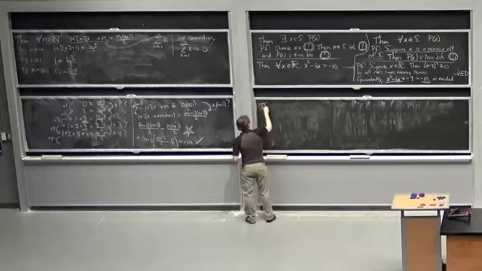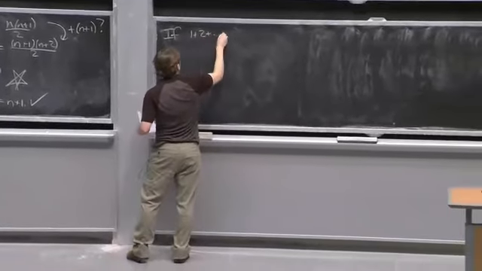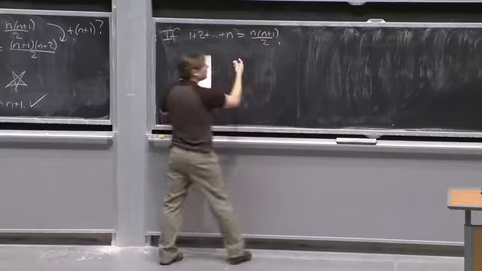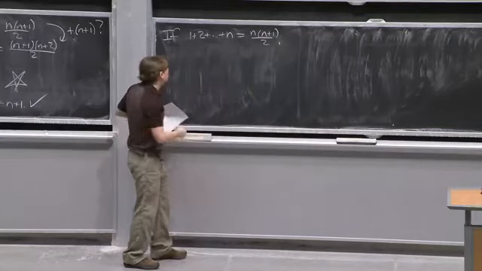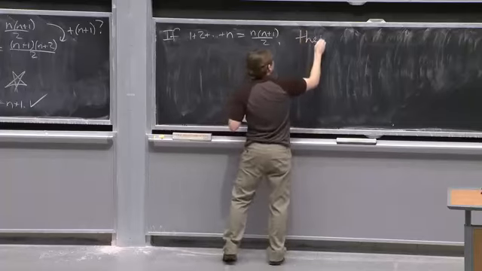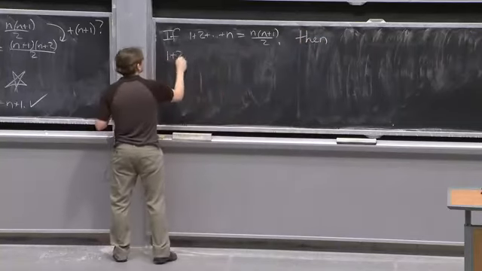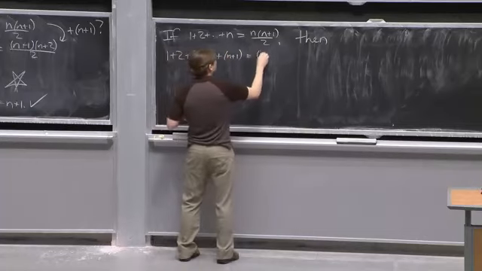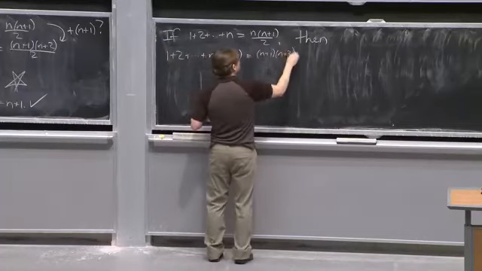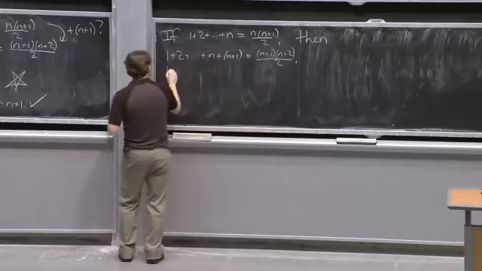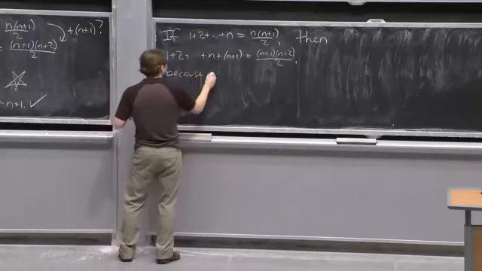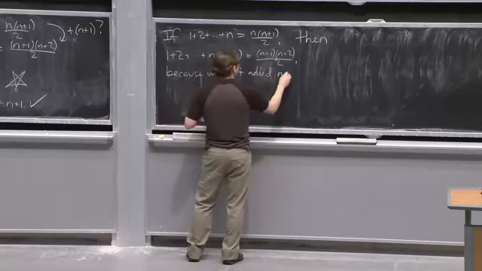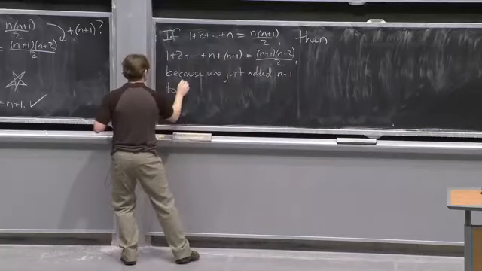If 1 plus 2 plus up to n equals n times n plus 1 over 2, if that's true, then 1 plus 2 plus up to n plus 1 equals n plus 1 times n plus 2 over 2, because we just added n plus 1 to both sides.